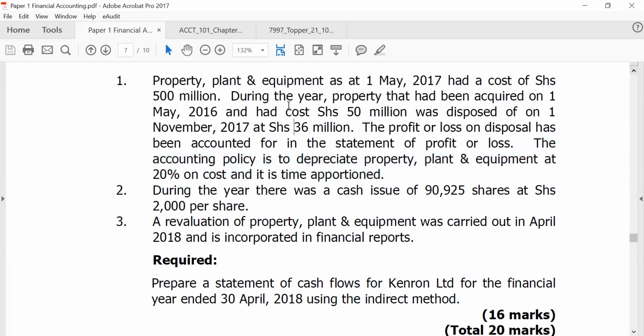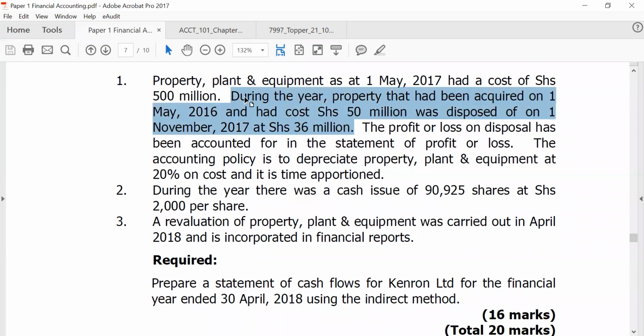They're telling us that during the year, property, plant and equipment that had a cost of 50 million was disposed of on 1st November 2017 at 36 million. So what we are going to do is determine the net book value of this asset at the time of disposal. If this was its cost, what was the net book value, for us to determine the profit or loss on disposal?